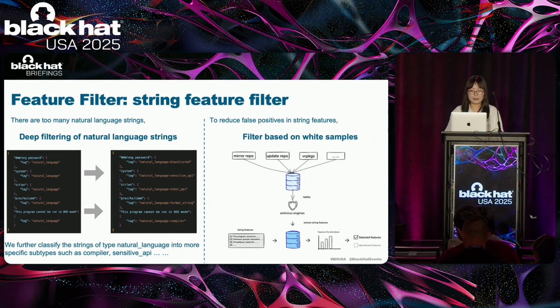In addition, we maintain a benign sample repository at the several million scale. By building a feature database from these benign samples, we filter out string features that frequently match them.